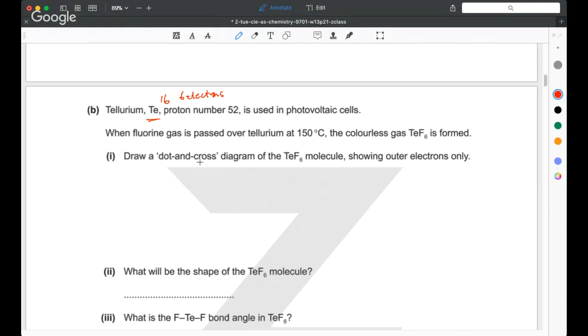And so when you're bonding with fluorine, which is in group 17, that's going to have 7 electrons in the main shell. And so you're looking at a bond between a non-metal and another non-metal, so that's going to be covalent bonding.